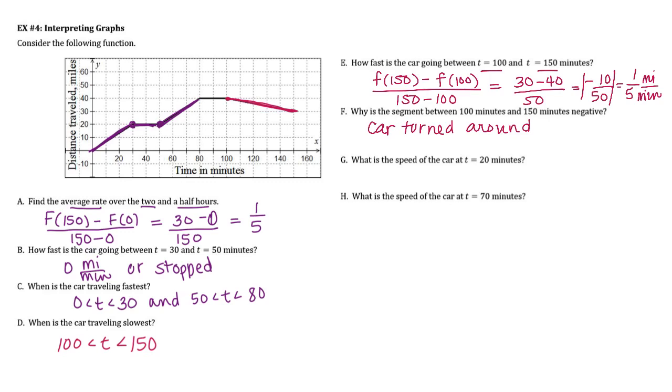We have f at 30 minus f at 0, and that's going to be over 30 minus 0. So that's going to give me 20 over 30. All right, and so that's going to be 2/3. And we've got mile per minute.